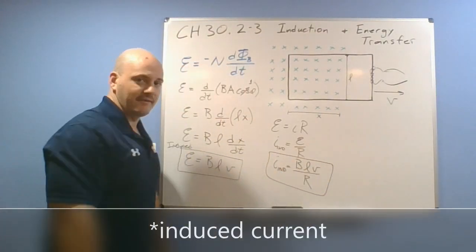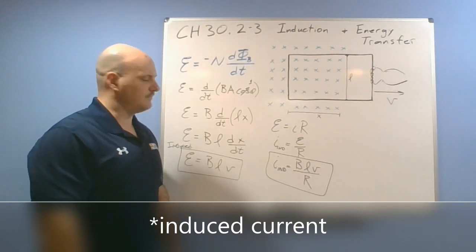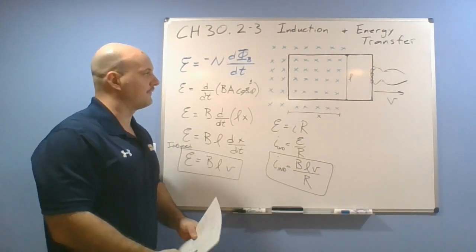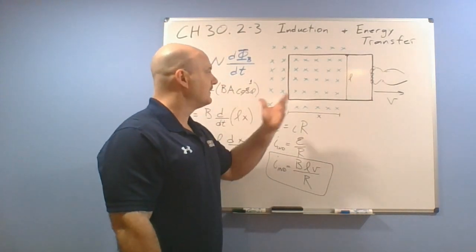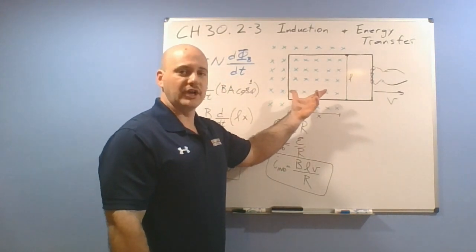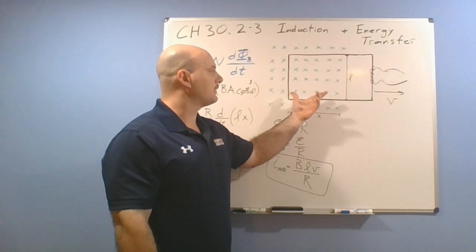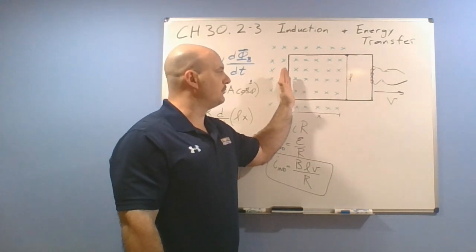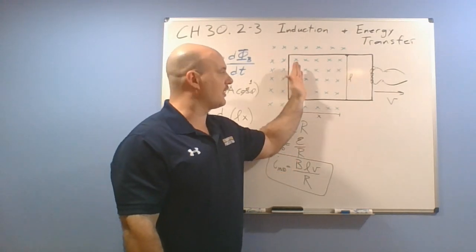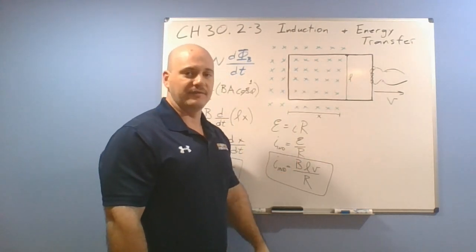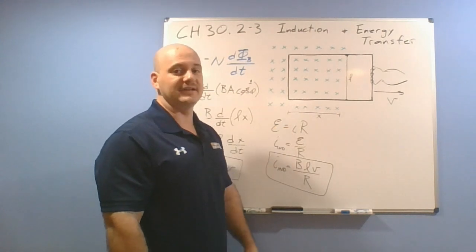Okay, we know we have an induced EMF. Let's look at the direction of that EMF. So remember, by Lenz's law, it's going to oppose the change in magnetic flux. So as this loop moves out of the magnetic field, we have a decreasing area which is in the magnetic field. That means a decreasing magnetic flux.